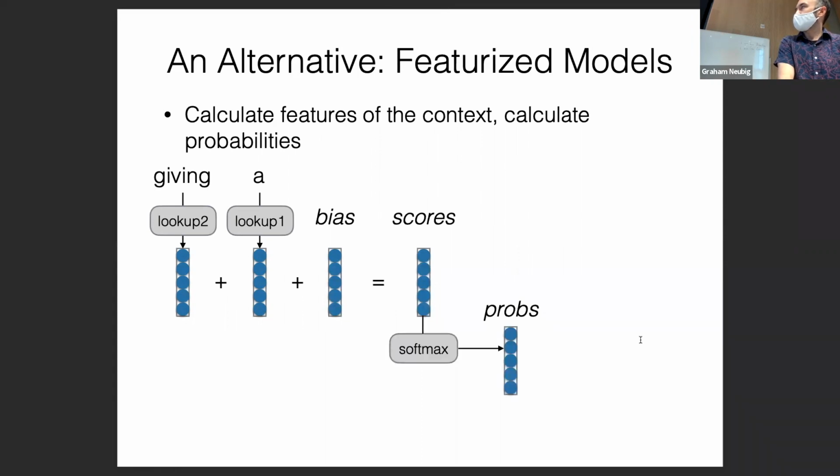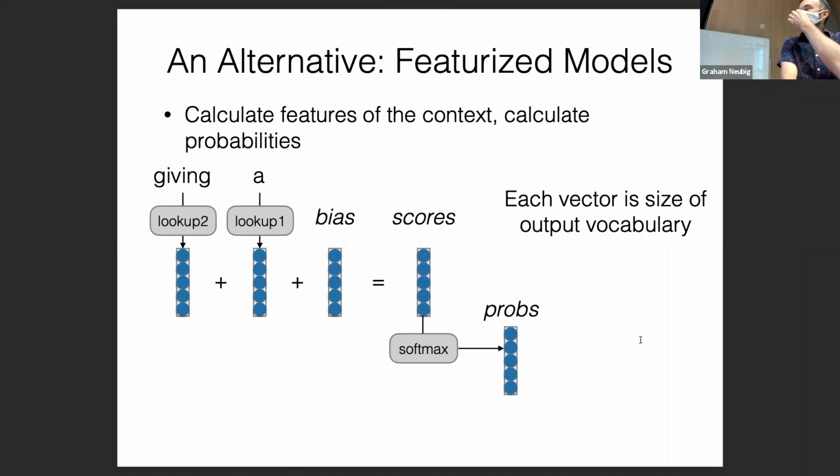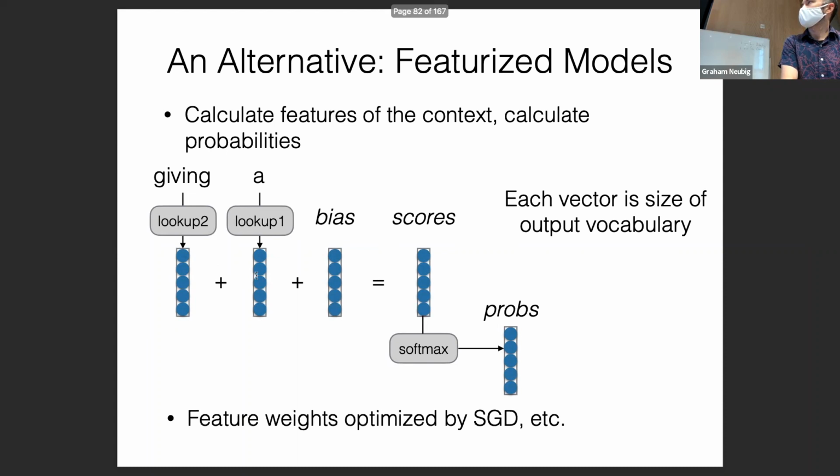And from the scores, calculate probabilities. This is the simplest variety of such a model, where each word is associated with scores corresponding to how much more likely the next word is to occur given that the previous word has occurred in the context.